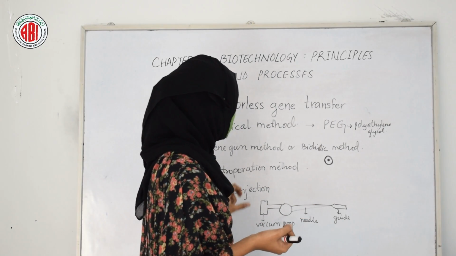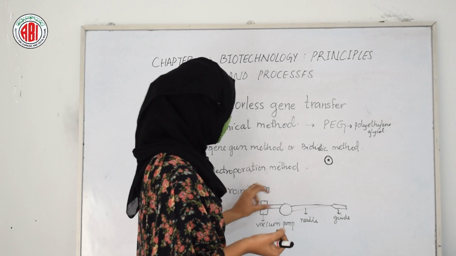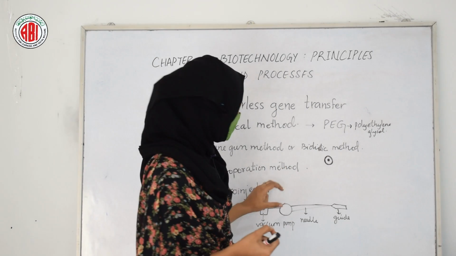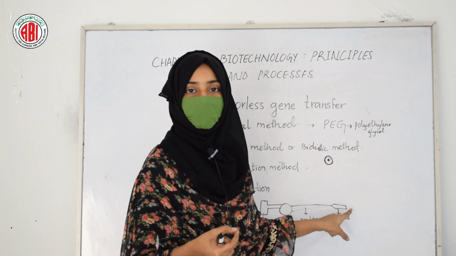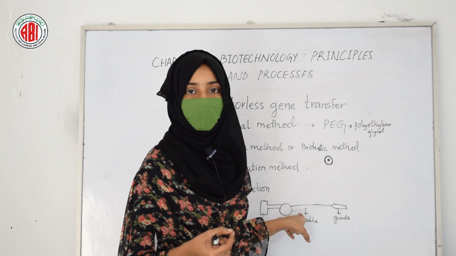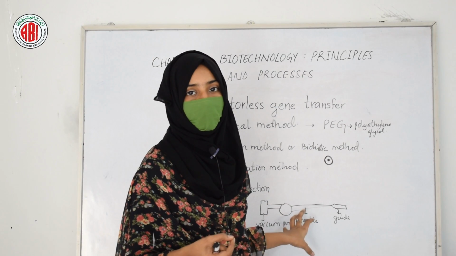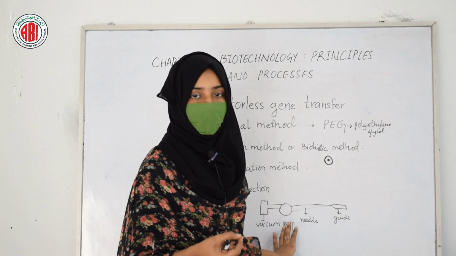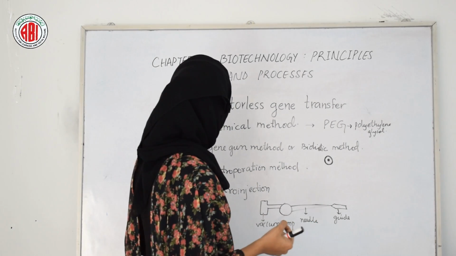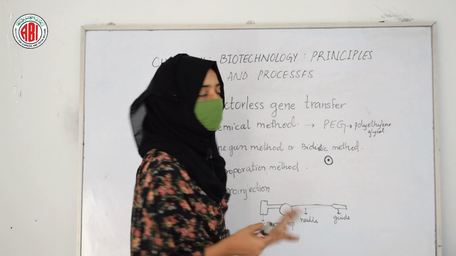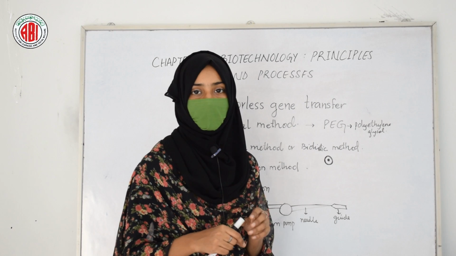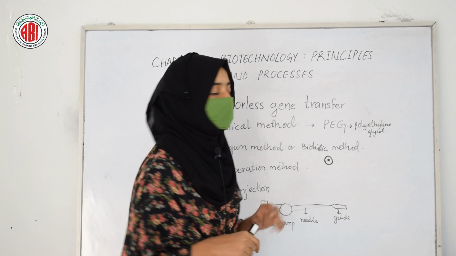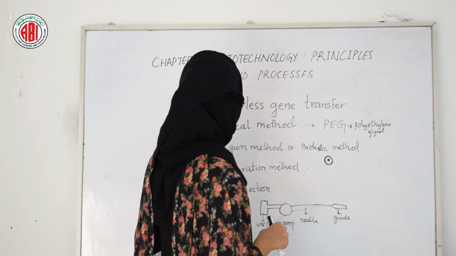The vacuum pump creates a suction that holds the cell, and the needle-like structure is there through which the gene can be inserted into the cell which is held by the suction of the vacuum pump. In this way, through microinjection the gene of interest or the desired gene can be injected into different host cells.